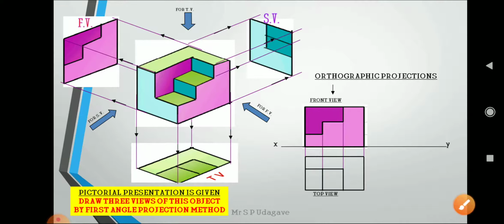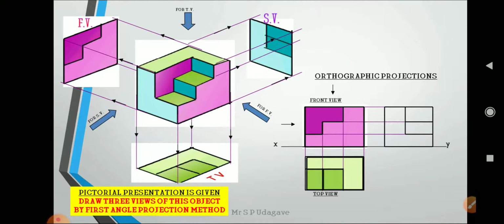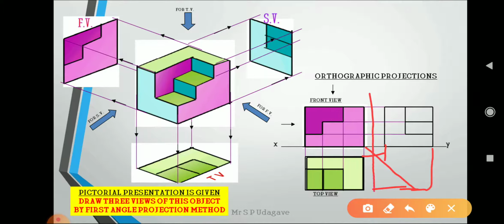So we can observe all the edges. Similarly for the side view, take the projections from the front view and also from the top view, draw the inclination line projections, or we can simply take the projection with the compass.